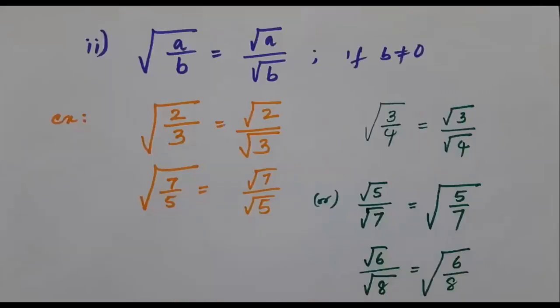Next, identity 2. Stop writing. Look here, boys. Root A by B. The previous one was the product. Now, the common root you can write separately: root A by root B. Separate. Very simple. The common root we can divide into separate.